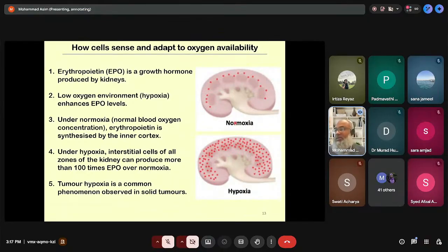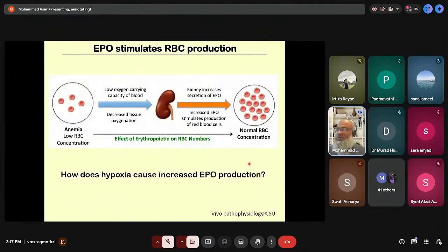Like these cells, what is happening here? There are cells which are making erythropoietin. But what is the pathway which is allowing them to make this erythropoietin protein, which is a hormone that triggers the synthesis of RBC? So you can imagine this pathway.